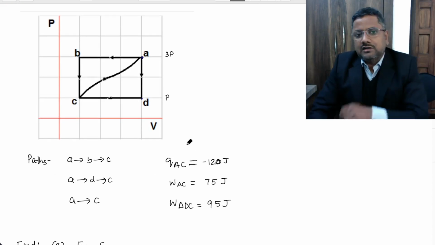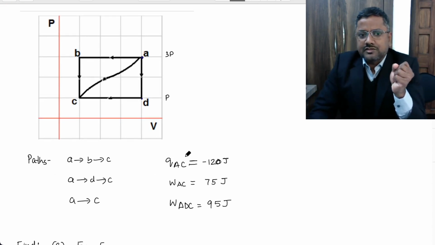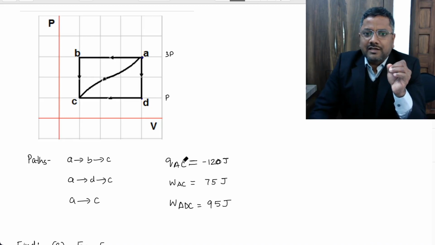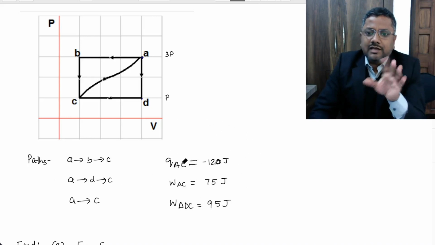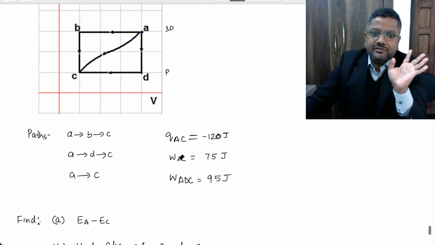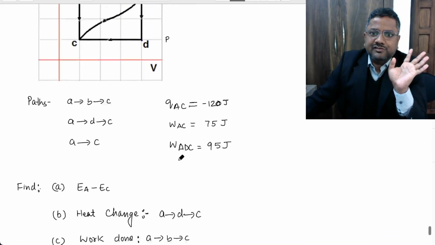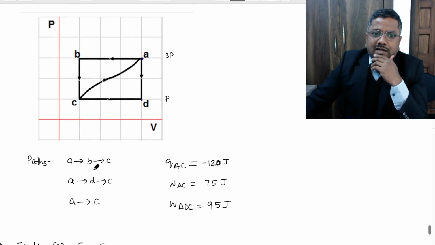To solve such types of problems, first you have to identify what the quantity is, and if the quantity is not given, then you have to take one. Different paths are given: ABC, A to B, B to C, ADC, A to D, D to C, and A to C, which is a direct path.